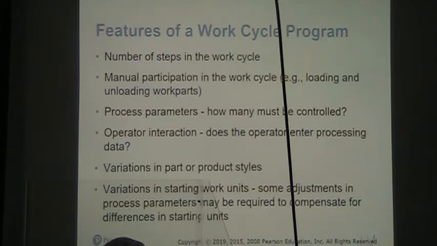As I said, you may have parts that are very subtly different from each other that are all run on the same automated system. So you put in the part and you punch up the correct program for that part, which may only very slightly be different from the program before or the program after.